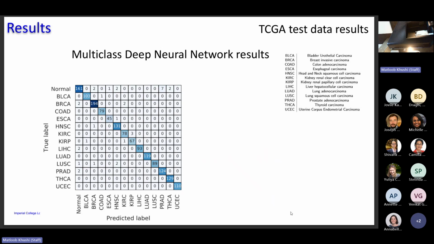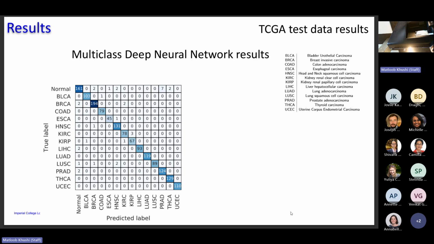Then we took the features that the XGBoost model used for classification, and we fed them into a deep neural network.